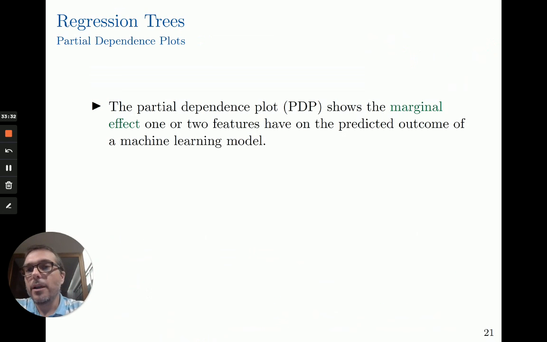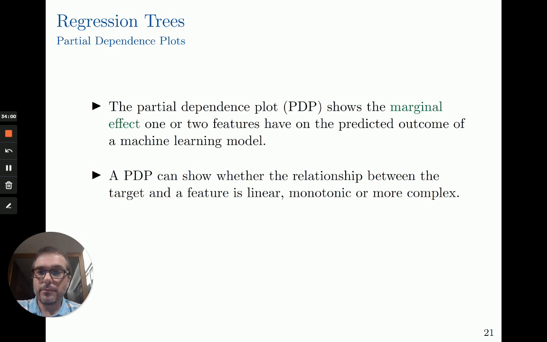Okay? So one thing is called the partial dependence plot. Okay? So it basically shows the marginal effect that one or two features have on the predicted outcome, conditional on the others being fixed. So we fix some of the variables and we show how the predictions change if we change one or two variables.